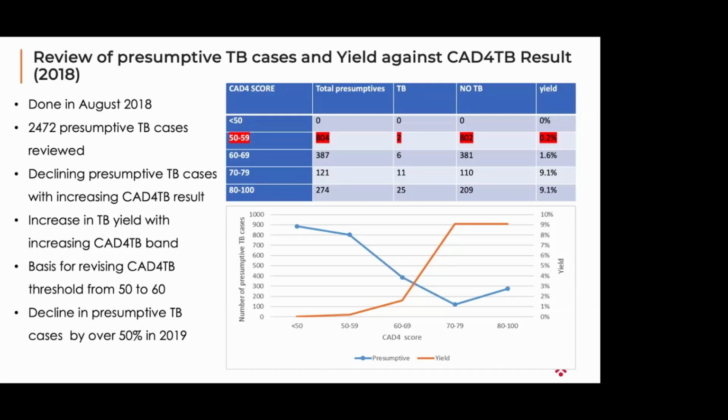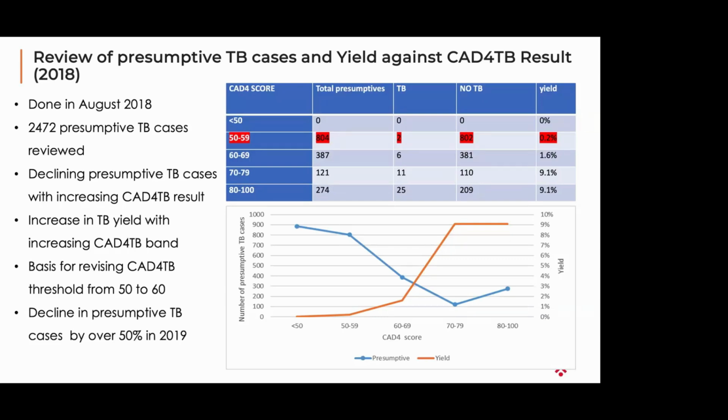So basically, the lower it is, the more presumptives we have, the more TB cases we should theoretically pick up. So if we set it at 60 to 69, we miss out on the 804 presumptives we would have had to examine in 50 to 59. Conversely, though, that's only 2 cases we've missed out on. So this is the balance we're constantly having to fight with.